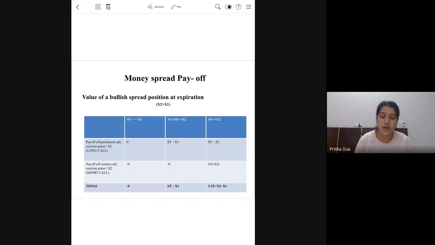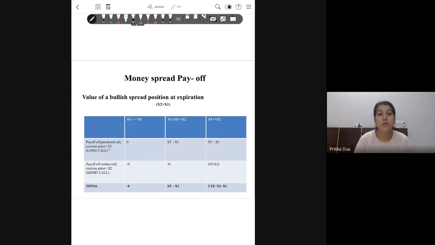So the value of a bullish spread position at expiry: herein we are going long on one call option with the strike price of X1, and we are also going short on a call with a strike price of X2, which means we are buying one call at strike price X1 and selling one call option with a strike price X2.